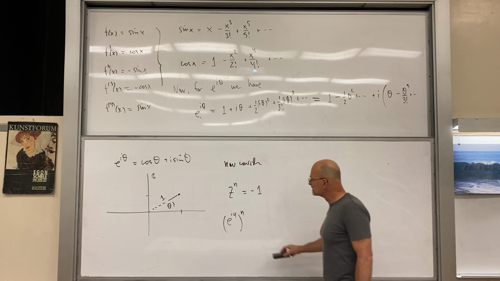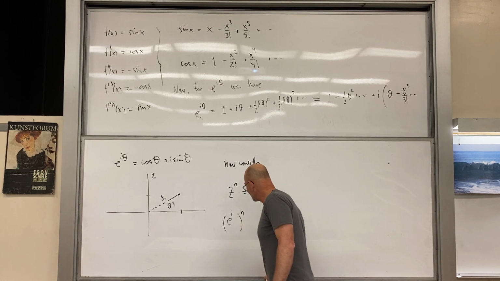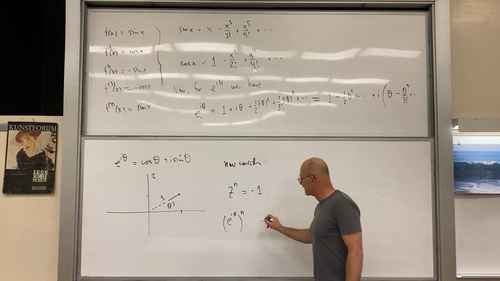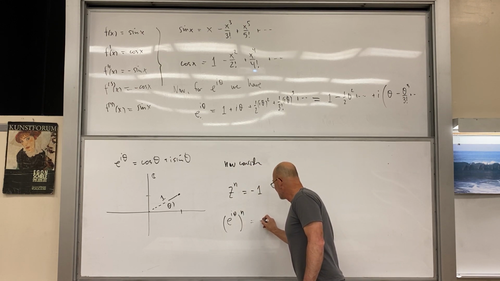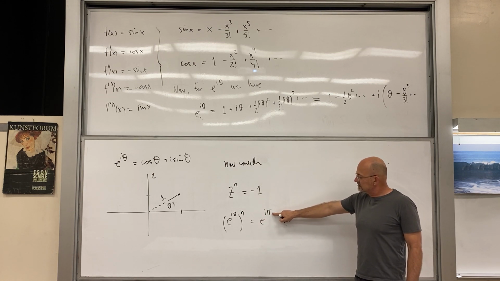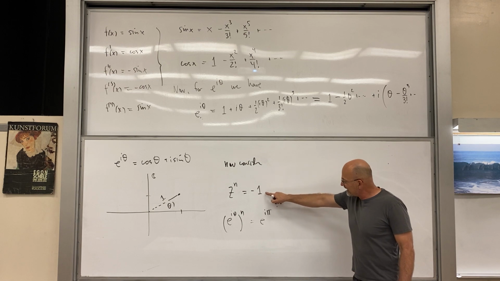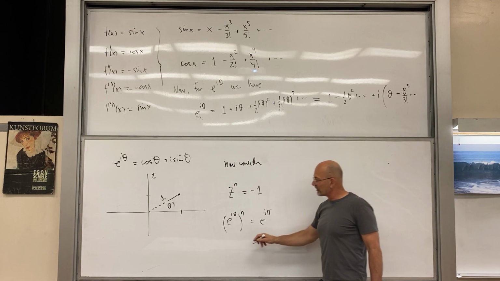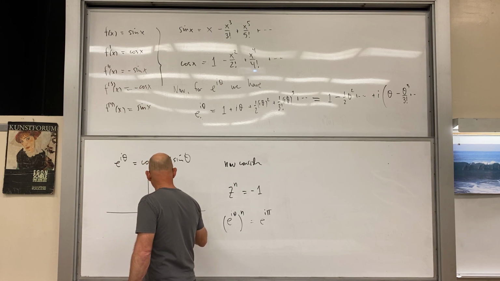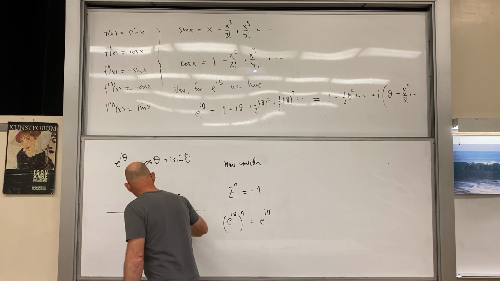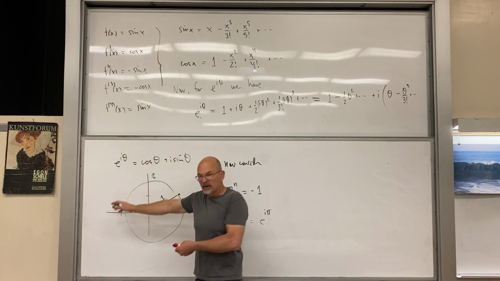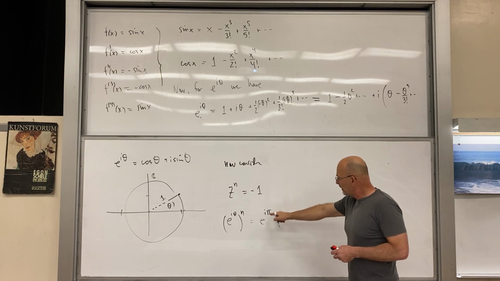Well, I could use theta. So e to the i theta to the nth power is equal to e to the i times pi. This is the key here, because -1 is e to the i times pi. Where is that? Here's our unit circle, right? So if this is 1, -1 is at theta equal to pi. So this is the key to that problem.